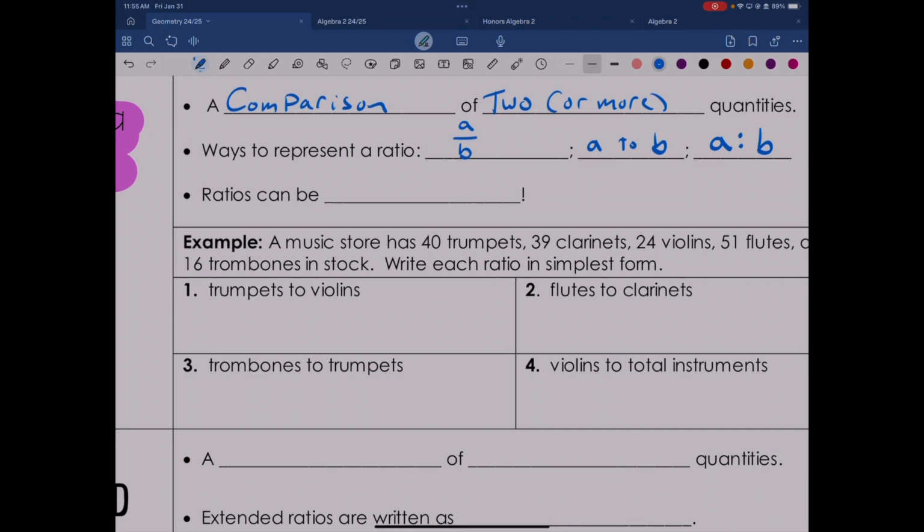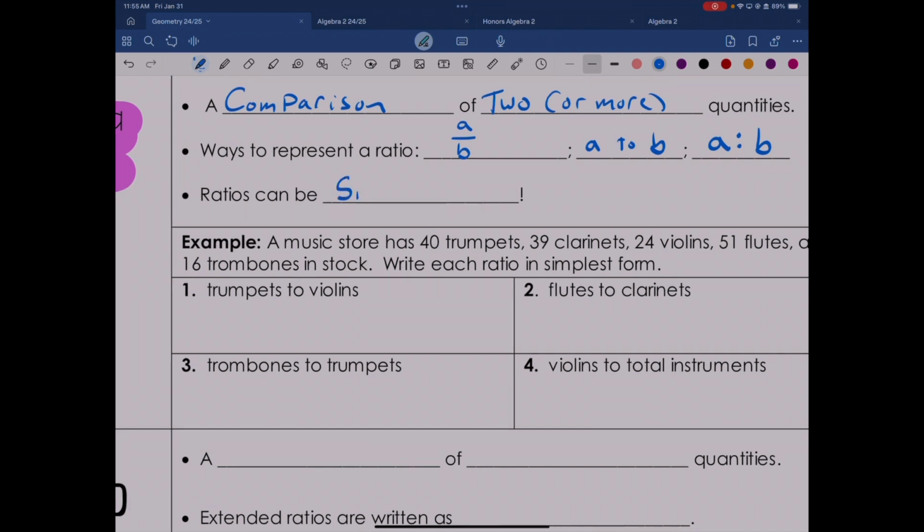Now, the vast majority of our time, 90% of the time, we're going to see ratios in fraction form where we're comparing two different things. And one thing we need to remember is that ratios can be simplified.